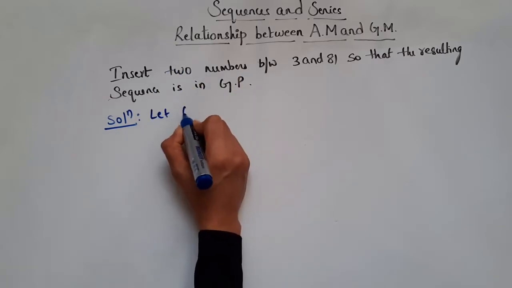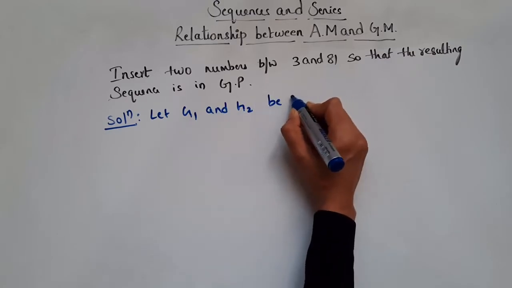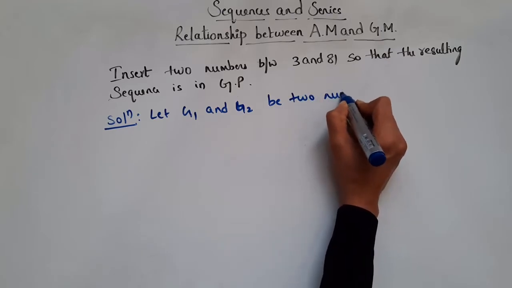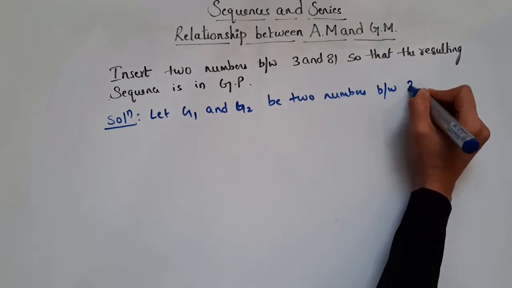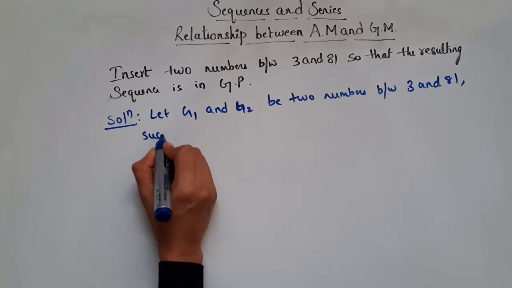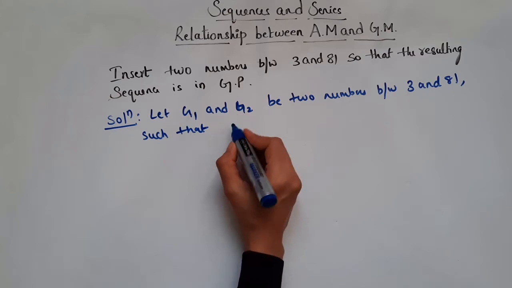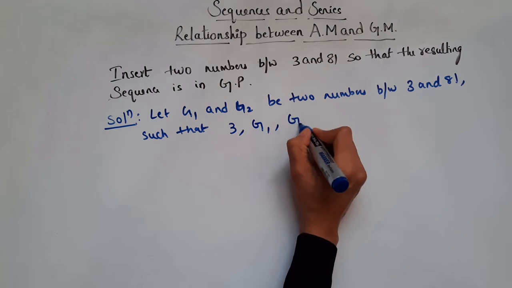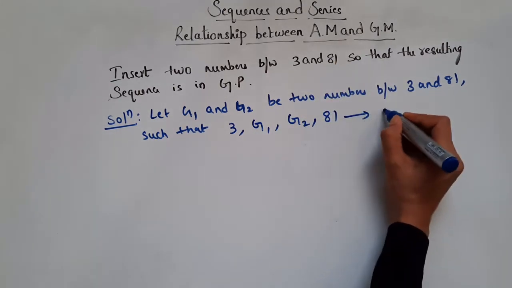So let G1 and G2 be two numbers between 3 and 81 such that, what is the resulting sequence? The sequence will be 3, G1, G2, 81, right? So this is in GP.